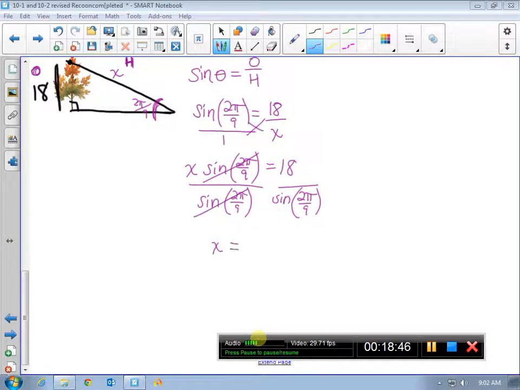So x equals, grab your calculator, 18 divided by, make sure you're still in radian mode, sine of 2 pi divided by 9 inside the parentheses, and your answer tells you the value of x: 28.00302888.